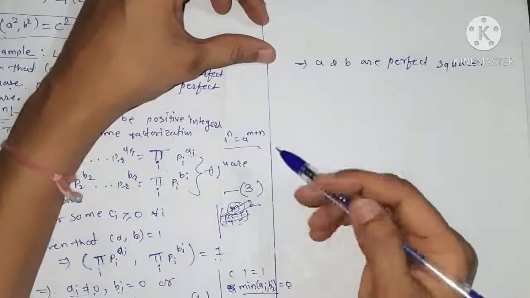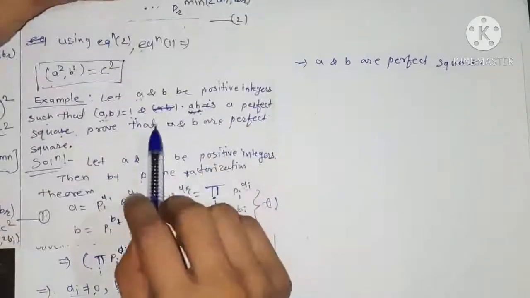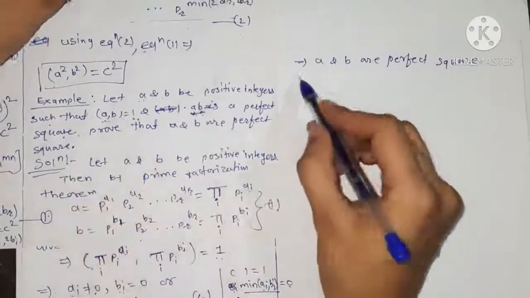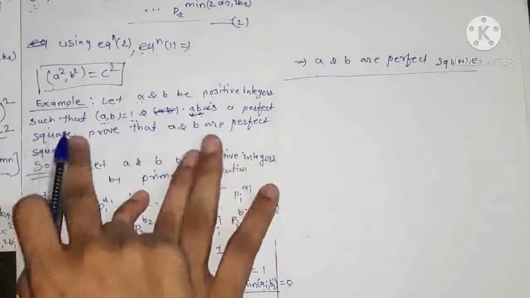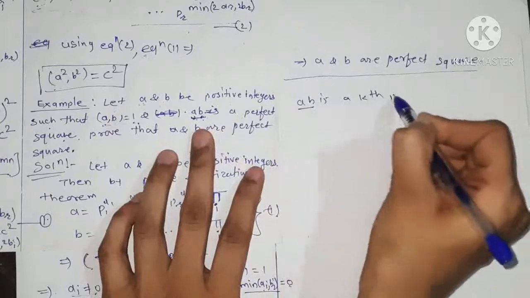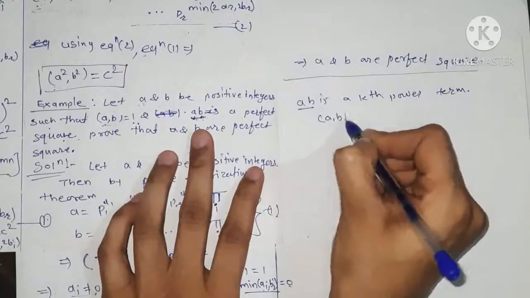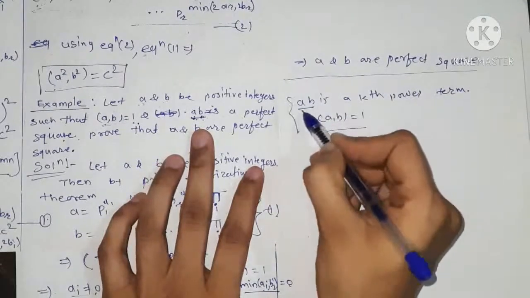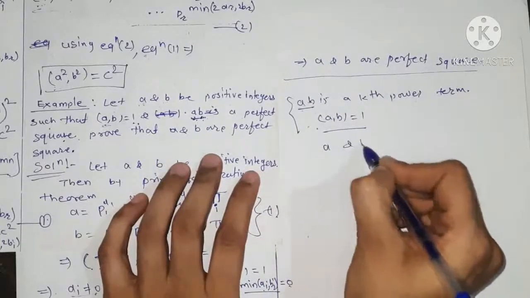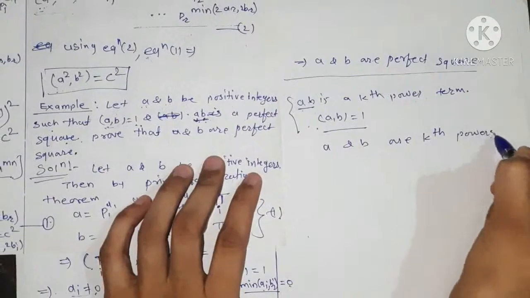Okay, now you can generalize this example. The generalization of this example is: if ab, that is the product, is a kth power term, and GCD of a, b is equal to 1, that is a and b are integers satisfying these two conditions, then a and b are kth power numbers.